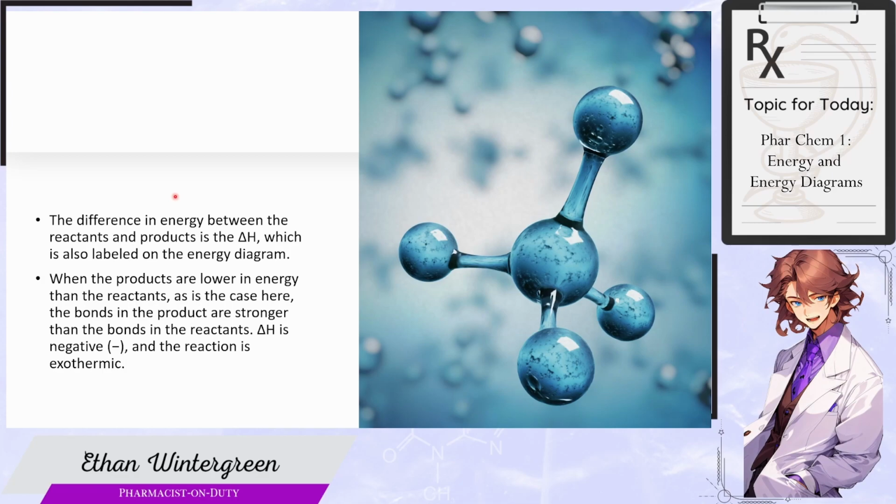The difference in energy between reactants and products is the enthalpy, which is also labeled on the energy diagram. When the products are lower in energy than the reactants, as in the case, the bonds in the product are stronger than the bonds in the reactants. Hence, delta H is negative and reaction is exothermic.